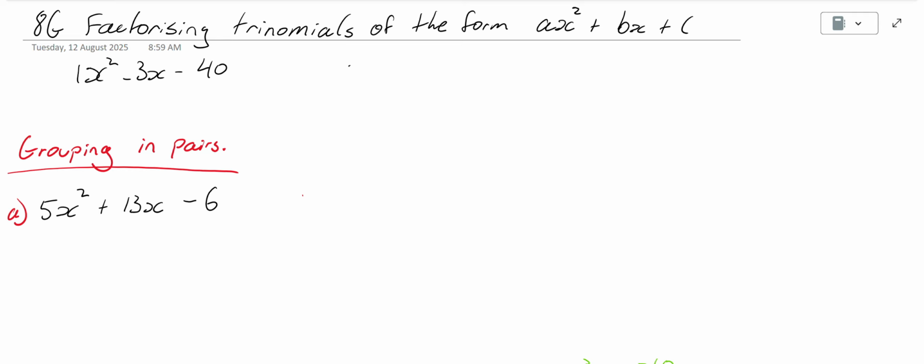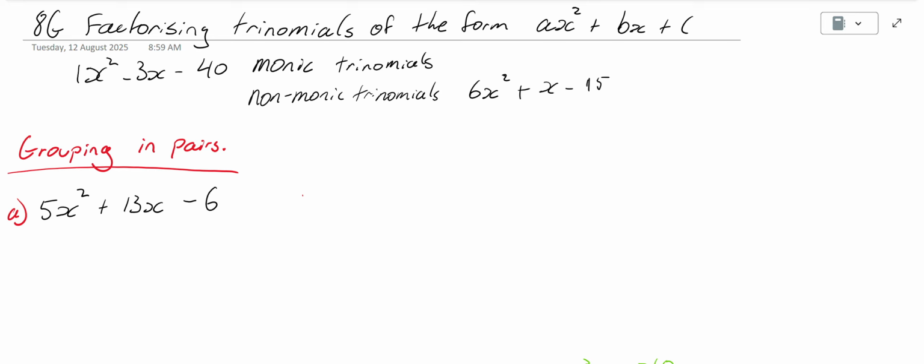So when we have a coefficient of 1, as we've been dealing with, they're called monic trinomials. Now we're going to look at non-monic trinomials, and that is when our coefficient for x squared is greater than 1.